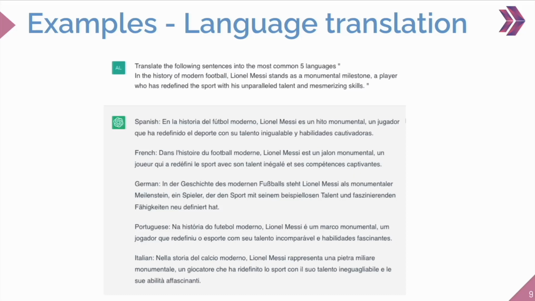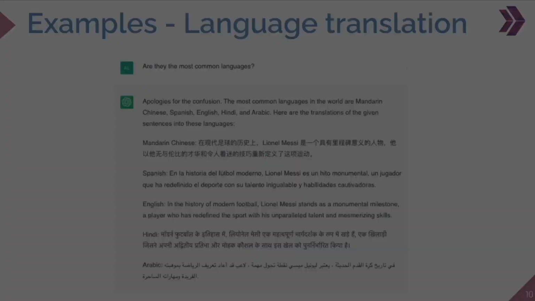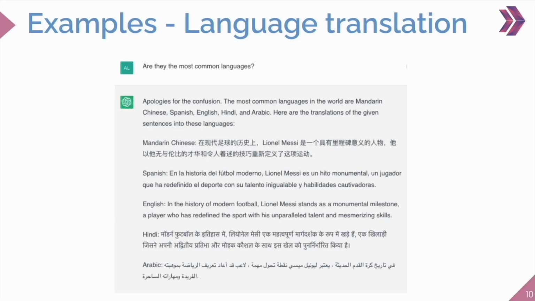You shouldn't trust without any verification. Then I ask a question: are they the most common languages? Then the answer is better. The most common languages in the world are Mandarin Chinese, Spanish, English, Hindi, and Arabic. And the translations are here. This is so powerful.